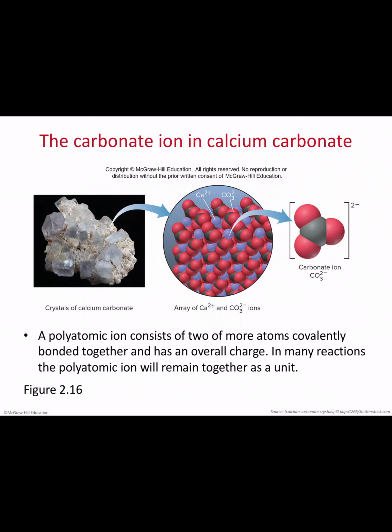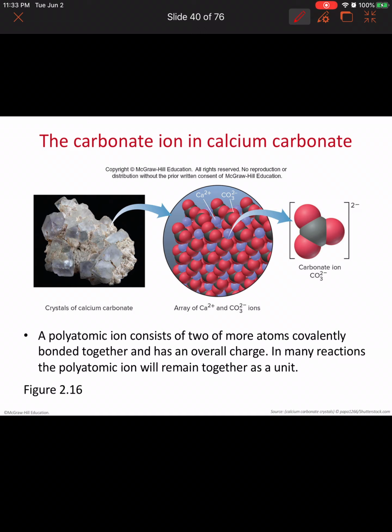Now, if you remember the molecular formula for calcium carbonate, that is CaCO3, calcium carbonate. And this calcium carbonate is formed by calcium ions, calcium 2 plus ion, and carbonate 2- ion. So this is calcium carbonate, and it is formed by calcium ions.